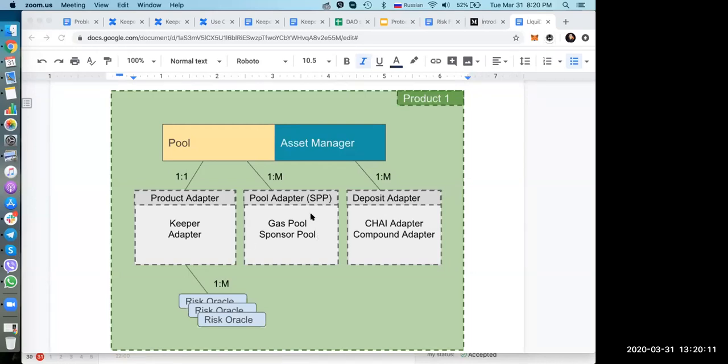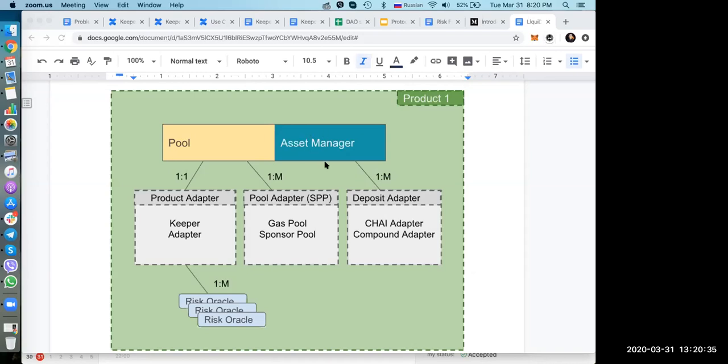It's possible to connect more than one special purpose pool to the main liquidity pool. And the behavior and the settings of the special purpose pool are also defined by DAO governance. And the third type of adapter is connected and communicates with the asset manager.